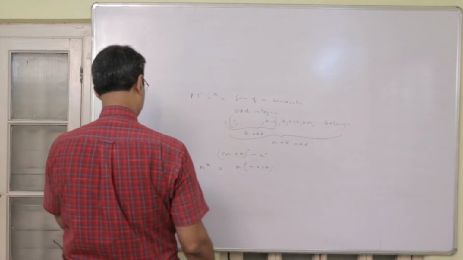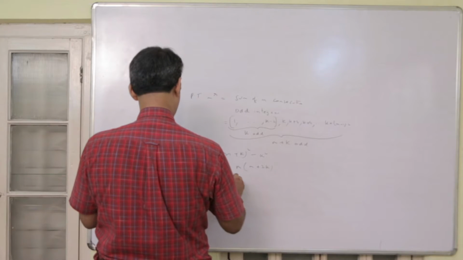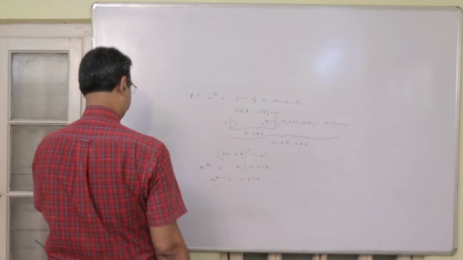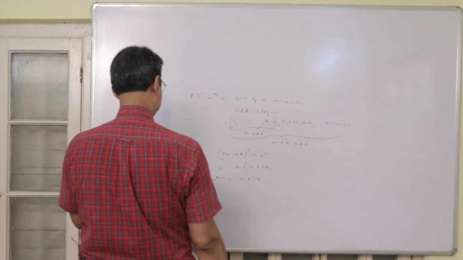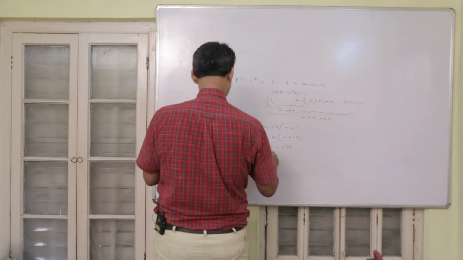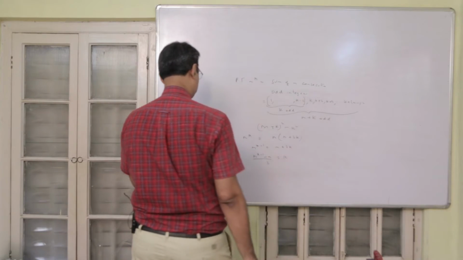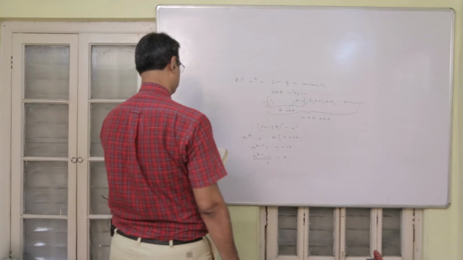So if m to the power r is m into (m plus 2k), then m to the power r minus 1 is m plus 2k. Then k is coming (m to the power r minus 1 minus m) by 2.